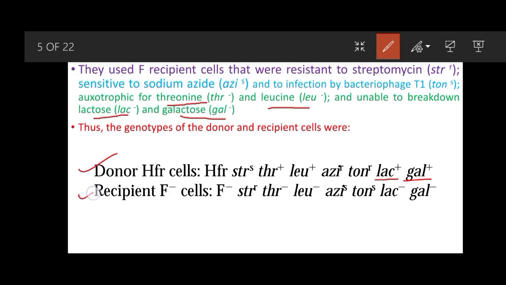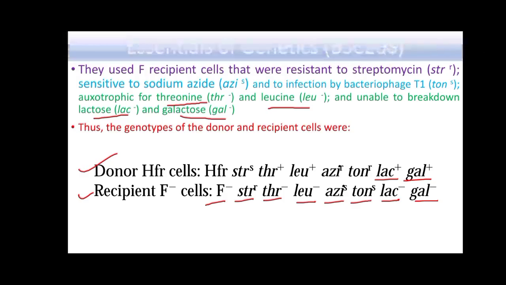And the recipient cell, because it was an F minus cell, was streptomycin resistant, auxotrophic for threonine and leucine, sensitive to sodium azide and bacteriophage T1 infection, and also auxotrophic for lactose and galactose. So these are the two cells, HFR cells and F minus cells, and their respective genotypes.